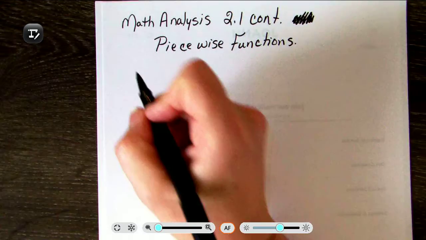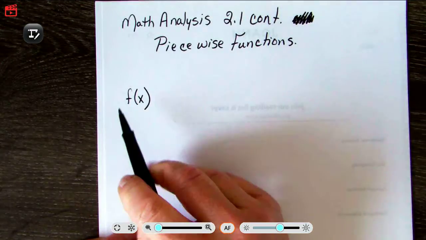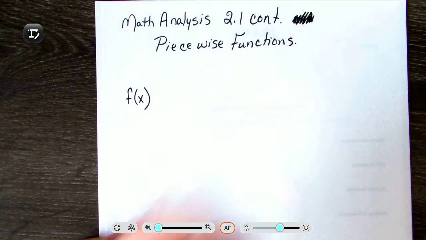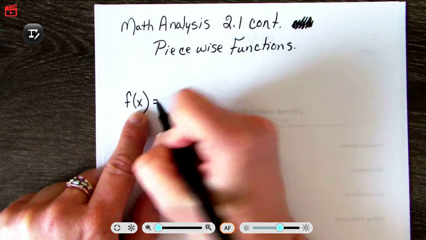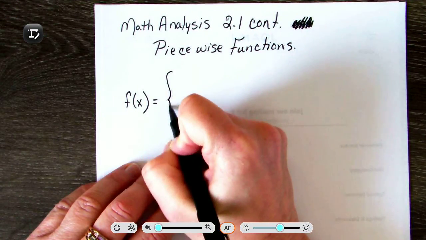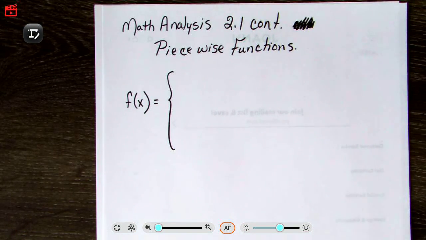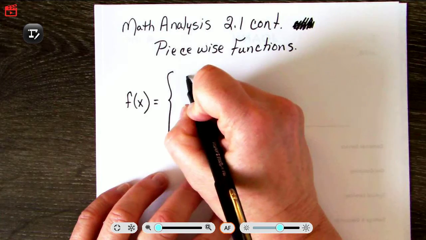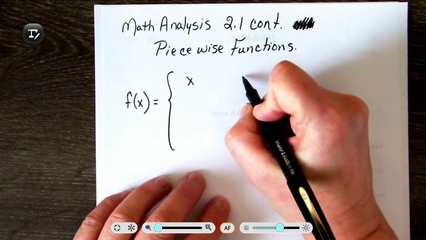A piecewise function, first of all, is a function. So it's got a name, we're going to call this one f, and it acts on some variable. The reason it's called a piecewise function is because it has more than one set of rules. For example, this one might say that I'm going to take on the value of x, and then it gives a qualifier.